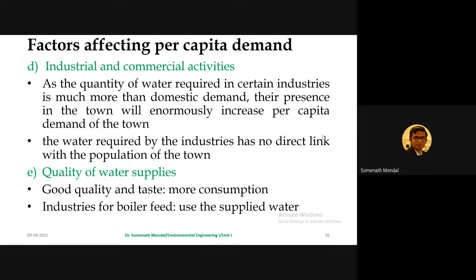Next is quality of water supply. This is also very important: good quality and good taste create more consumption.